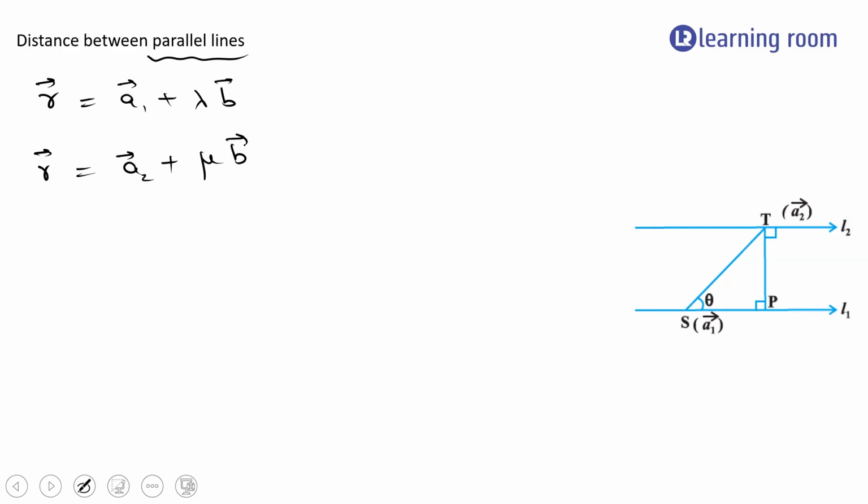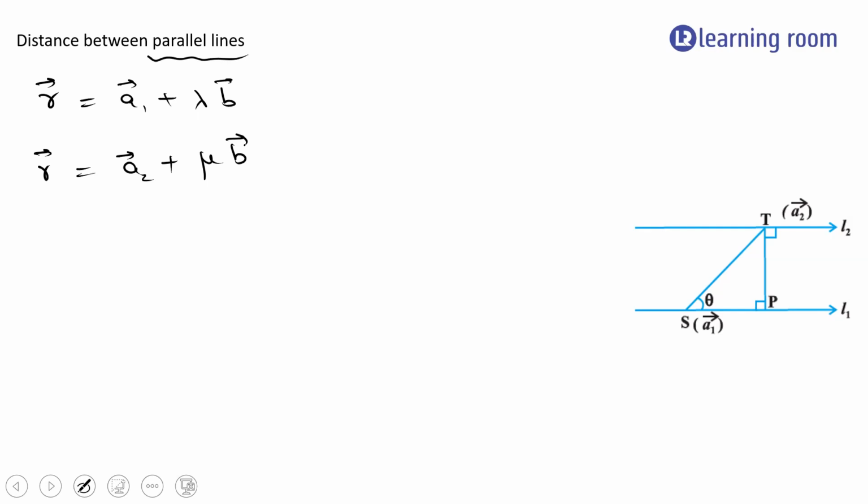An important point to observe here: the first line passes through the point A1 and is parallel to B vector, and the second line passes through point A2 and is also parallel to B vector. I did not write B1 and B2 here because when both lines are parallel to the same vector, I need not write them as B1 and B2. I'll write it as B vector.